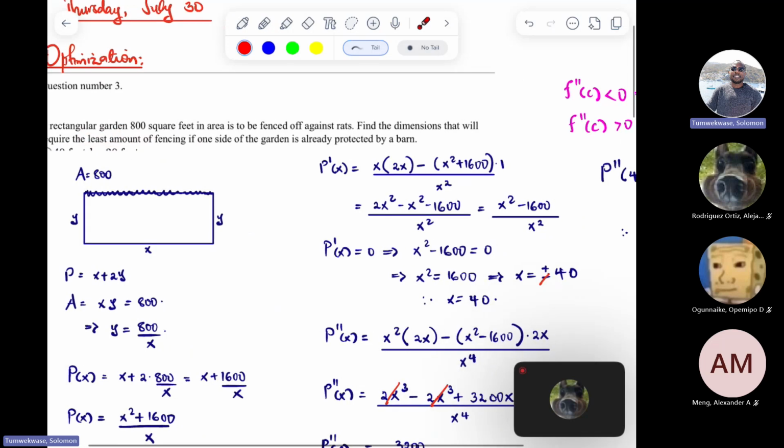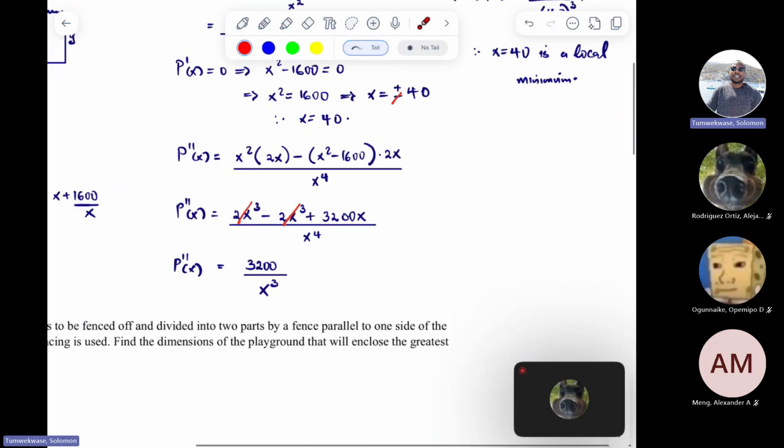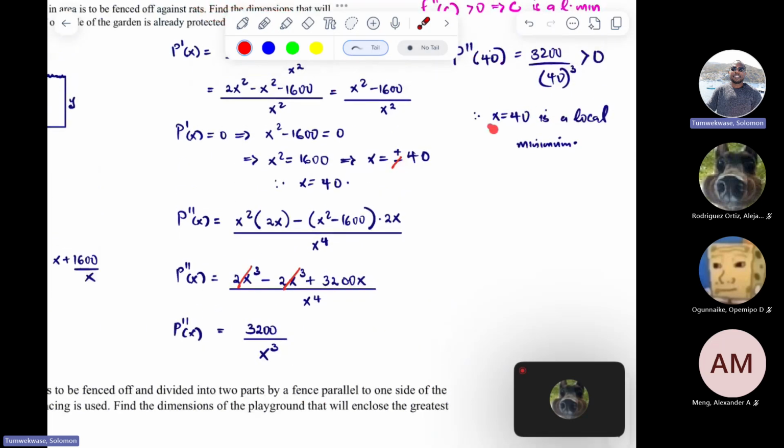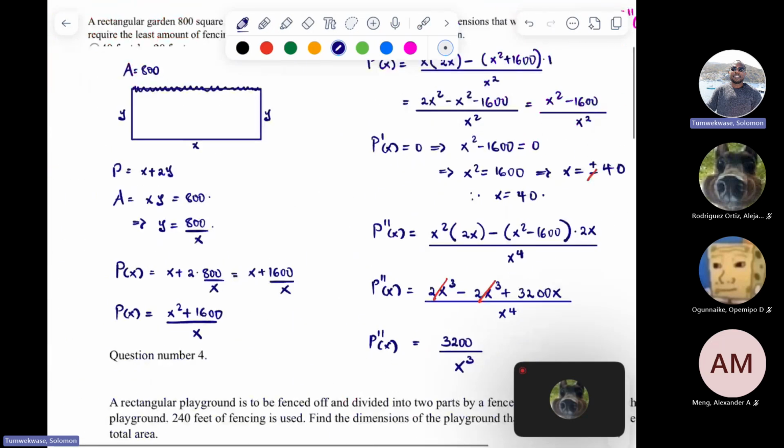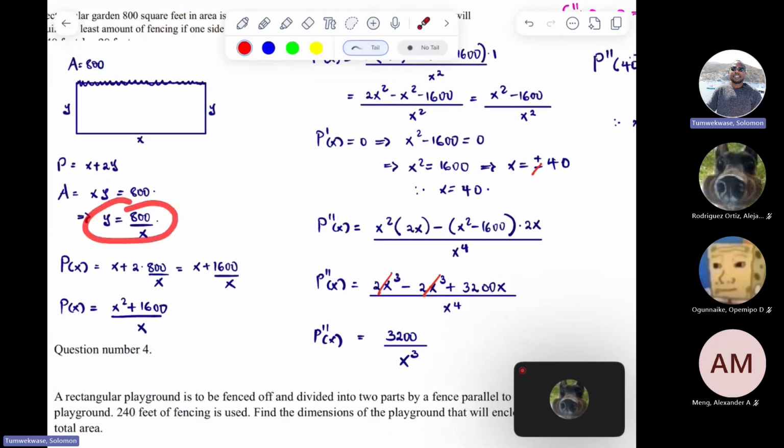But what the question is asking for is the dimensions. So after finding the dimension of the length, which is x, then I can substitute the value of x right here.